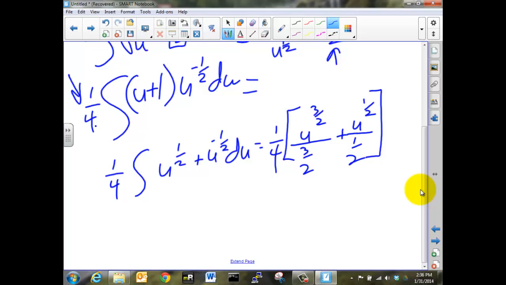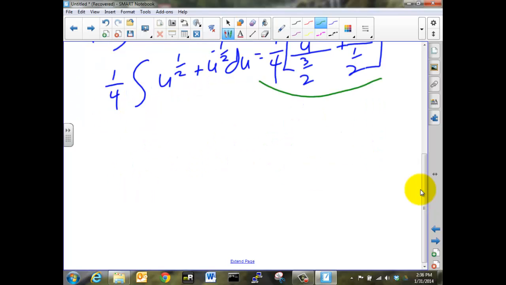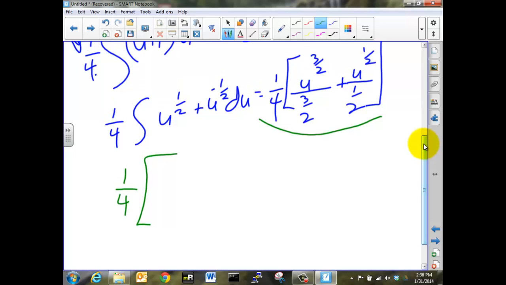Now can we clean up all of this mess somehow? I'm going to leave the 1/4 on the outside, and then that becomes 2/3 u to the 3/2 plus 2 u to the 1/2.